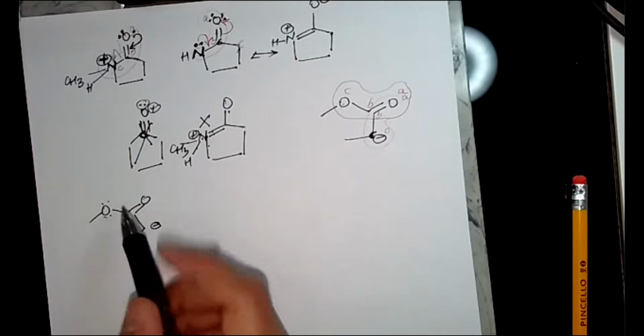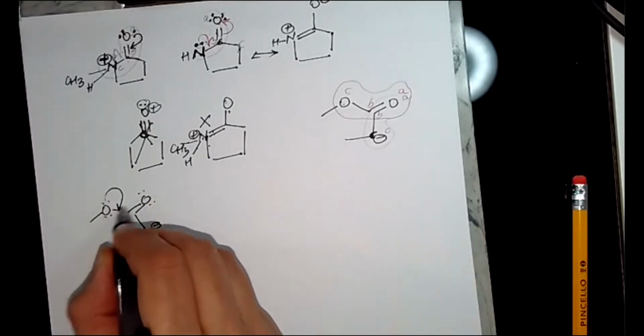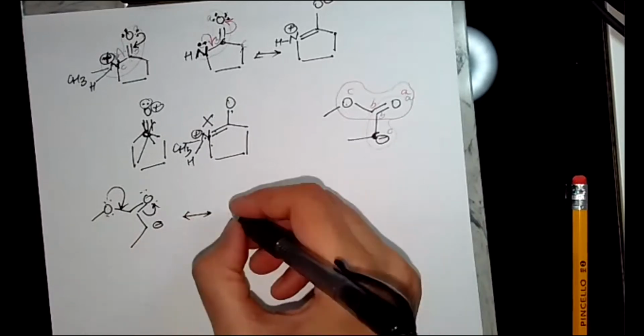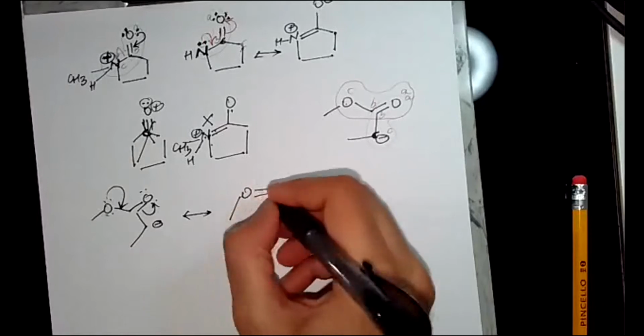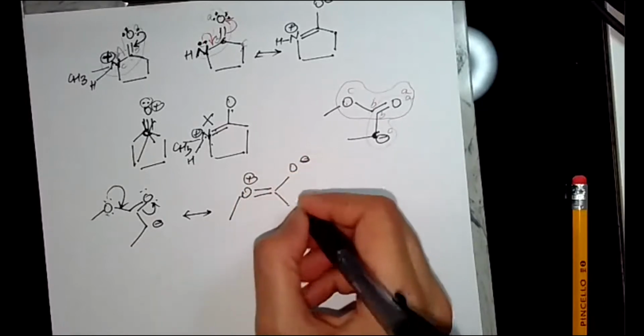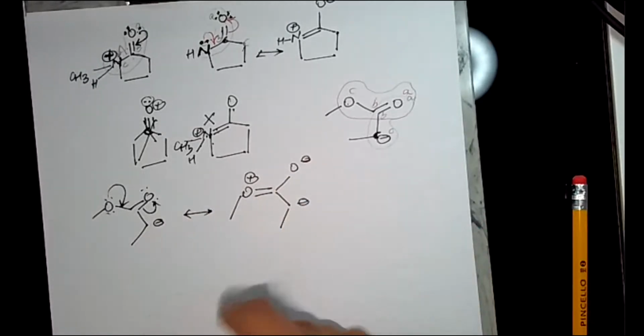Because the lone pairs are more mobile here, one of the resonance structures that you will get is this. And this is just one of the resonance structures.